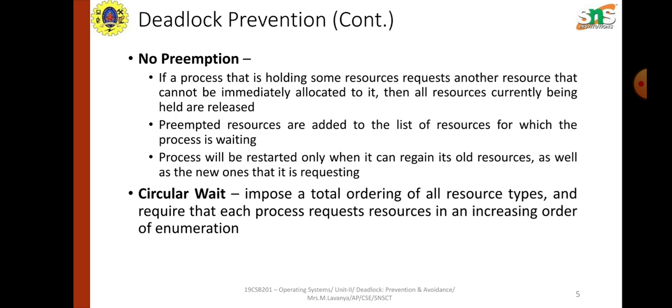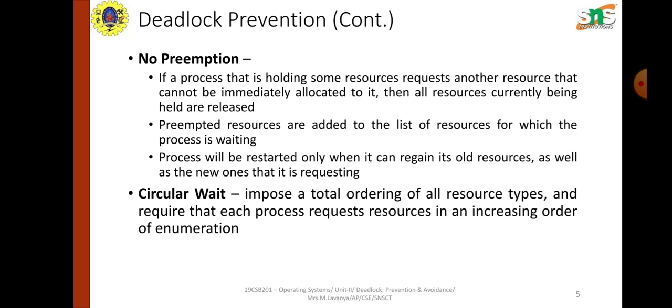Then the third one is no preemption. If a process that is holding some resources requests another resource that can't be immediately allocated to it, then all the resources currently held by that process should be released immediately. The preempted resources are added to a list of resources for which the process is waiting.